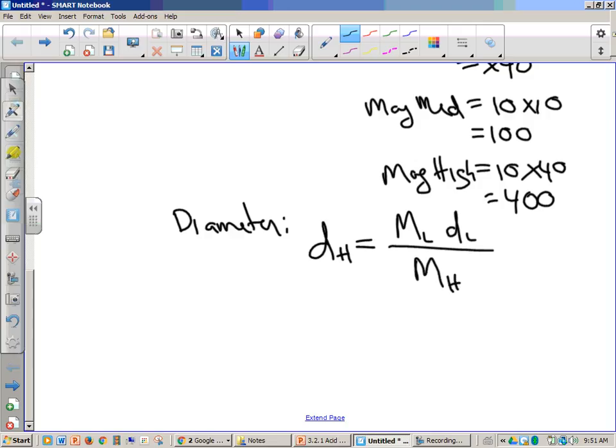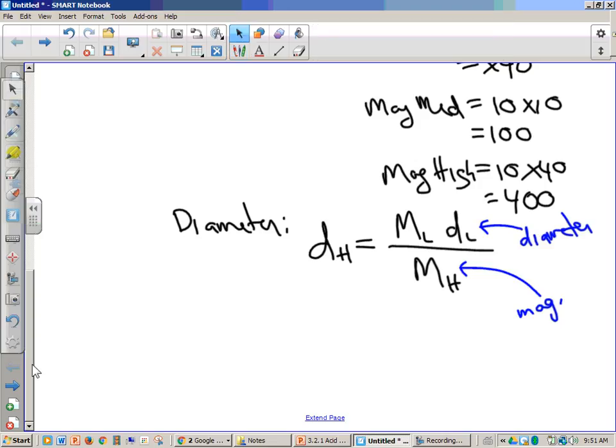All right? Again, D stands for diameter. That's how big that circle was. And the M stands for magnification. Okay? And we'll do a little example here just for a moment.